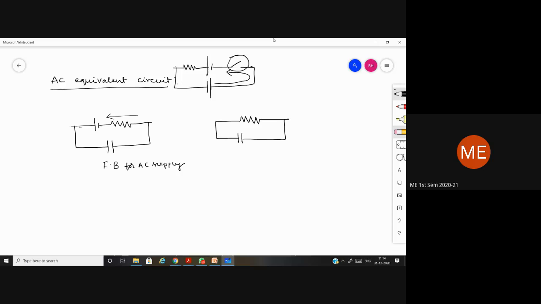Yes, because always remember one thing: under open circuit, in the ideal case, the open switch is always considered to be the maximum resistance, because the open switch is not allowing the current to pass through. Something which is not allowing the current to pass through is always treated as resistance. In that way, we are going to consider this open switch as maximum resistance.